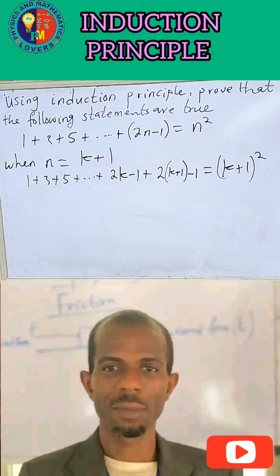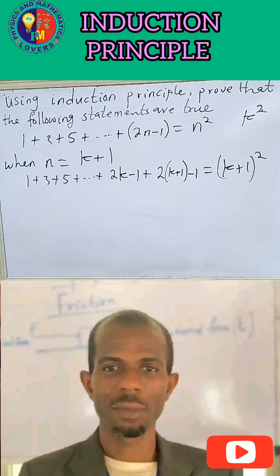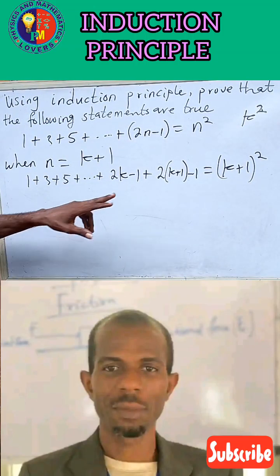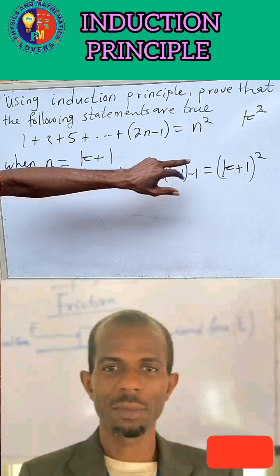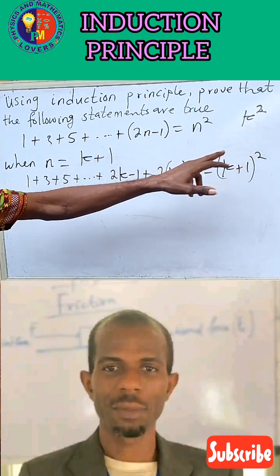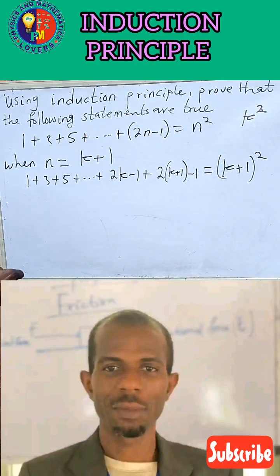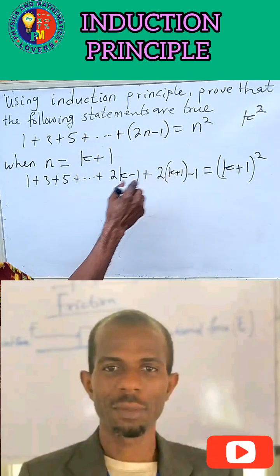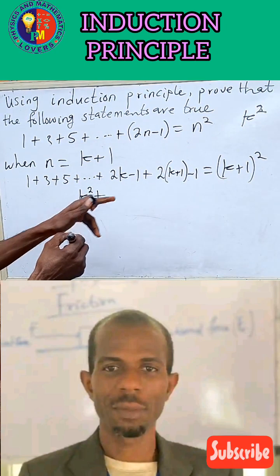Now remember, the answer I got from here to here was k raised to power 2. In our third step, we are going to replace the whole of this place, the sum of these terms, with this result. So here I am going to have k squared plus 2.